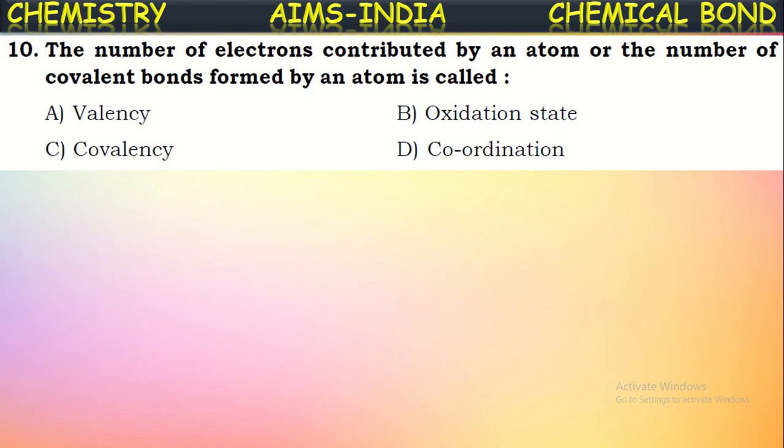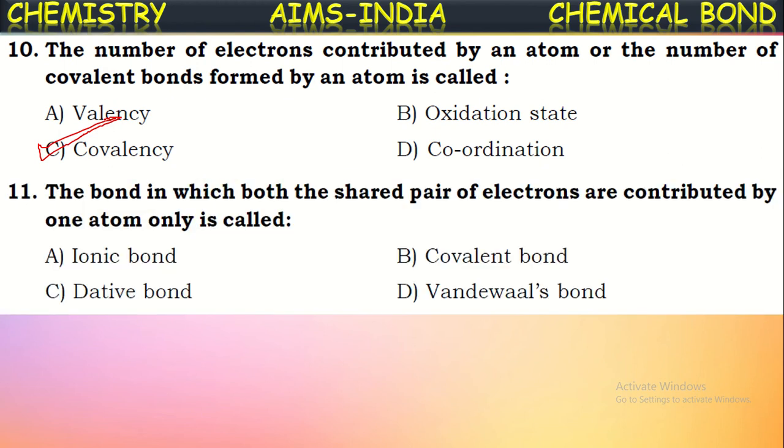Next one: the number of electrons contributed by an atom, or the number of covalent bonds formed by an atom, is called covalency. Just now I told you here: the number of electron pairs shared by an atom in covalent bond formation is called its covalency. Okay, covalency is the correct answer. It is the definition of covalency actually.